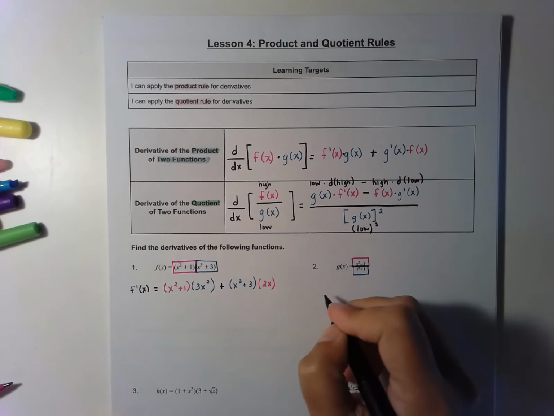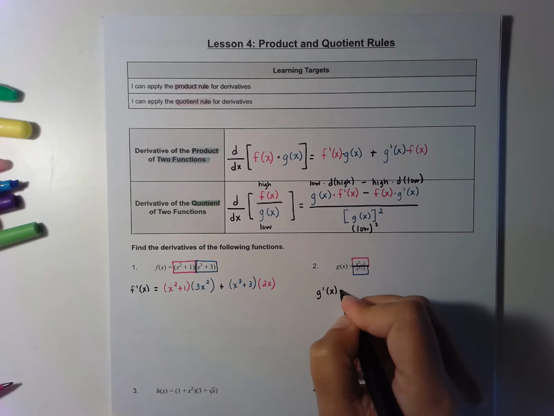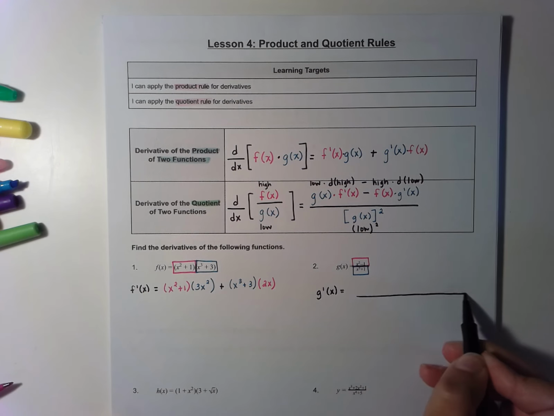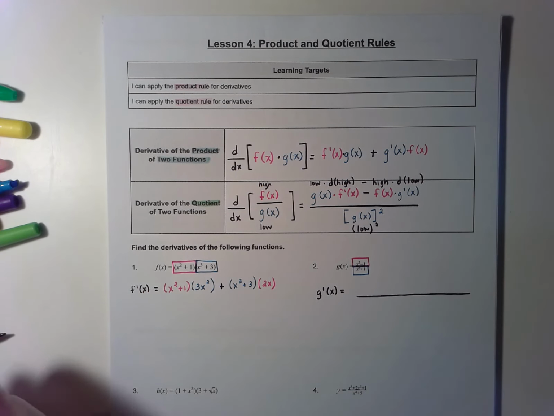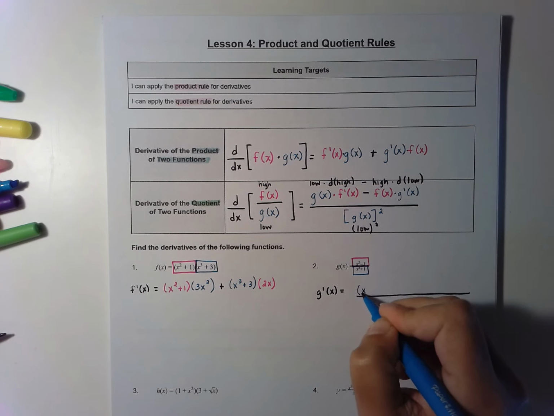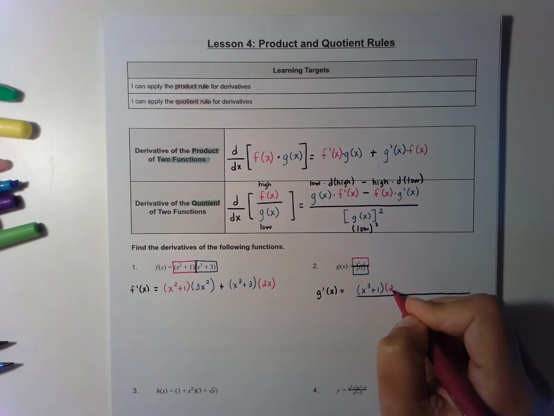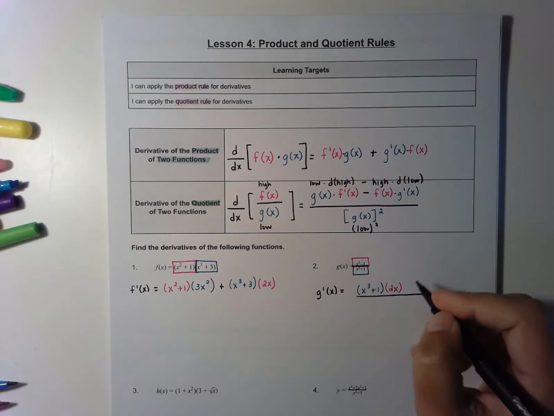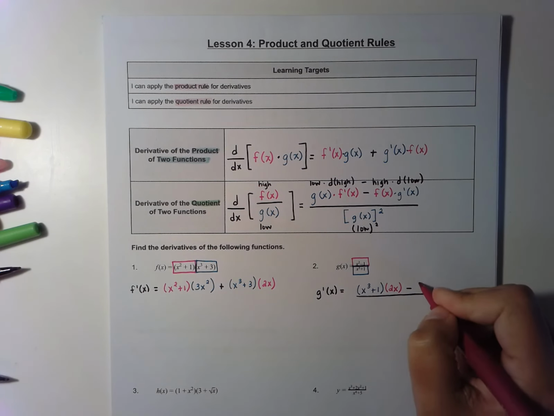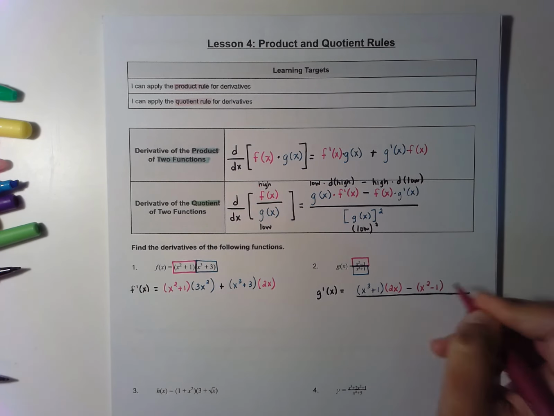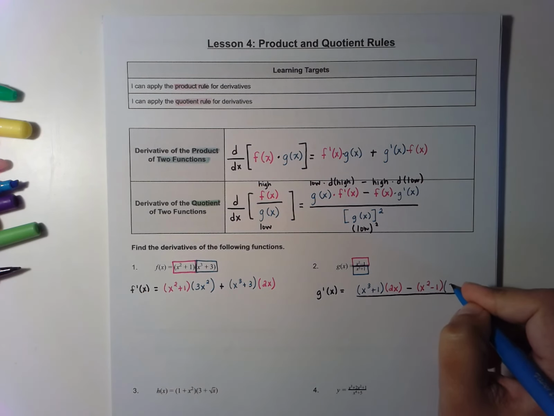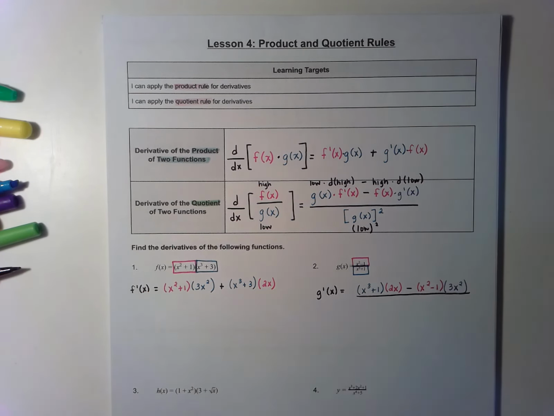When I take the derivative here, so g prime of x equals, and I'm going to make a fraction right away because I know my answer is going to have a fraction. So the song goes low, which means x cubed plus 1, just copy it, d high, so take the derivative of the top, which is 2x, minus high, which is x squared minus 1, copy the top, take the derivative of the bottom, 3x squared, and then low squared goes down below.